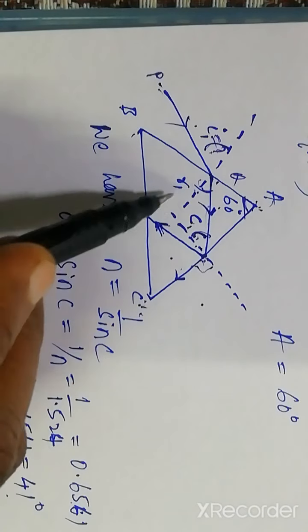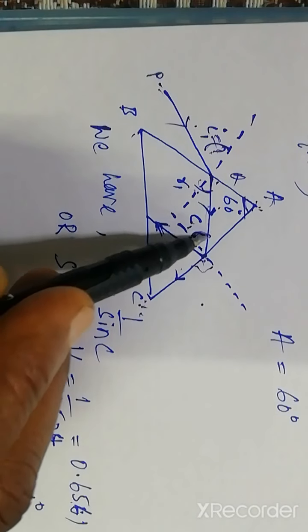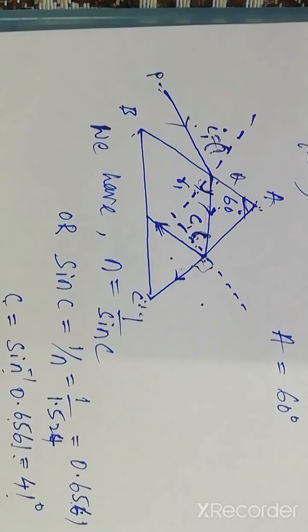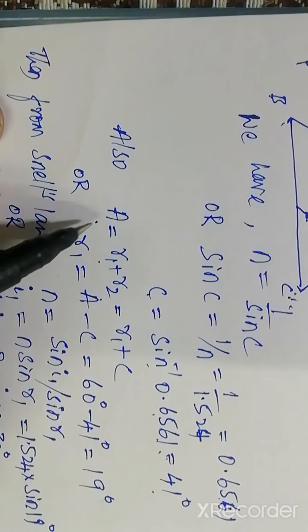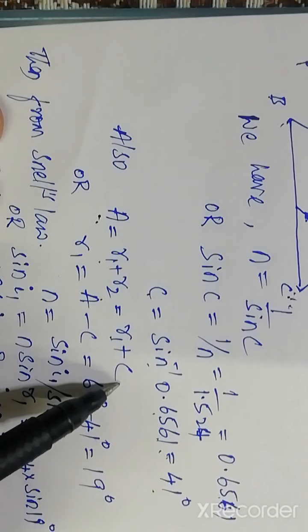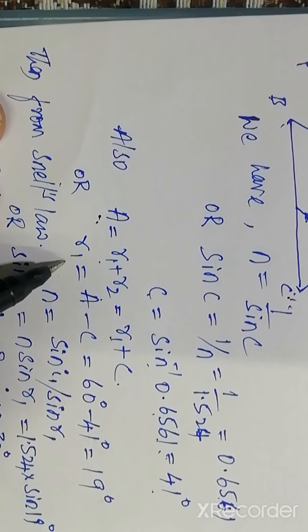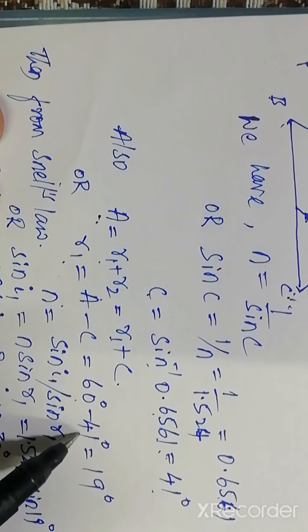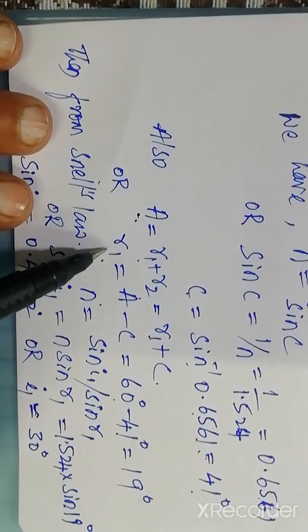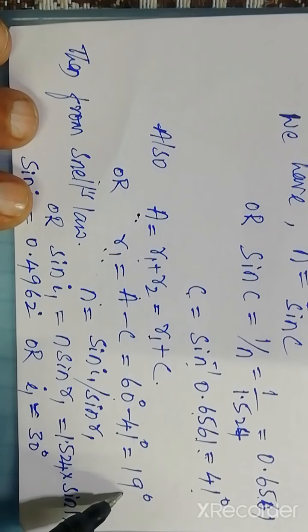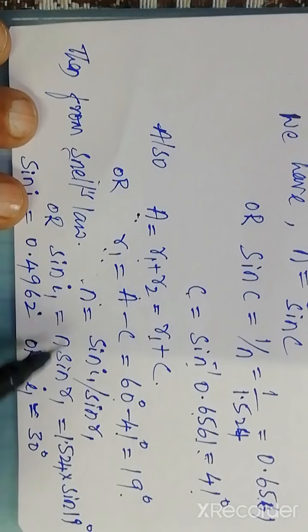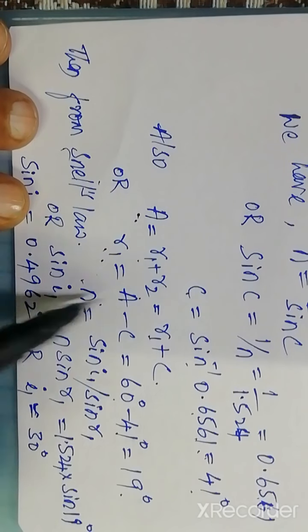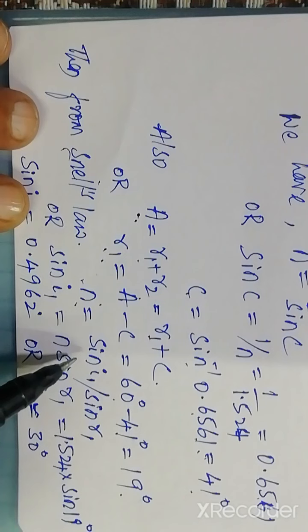So the refracting angle of the prism is the sum total of R1 and R2. R2 is C, and R1 is the angle of refraction at the first surface. That's why the refracting angle of the prism is R1 plus C, or R1 equals A minus C. A is 60 degree, C is 41 degree. So the angle of refraction R1 is 19 degree. From Snell's law, the refractive index of the material of the prism is sin I1 by sin R1.